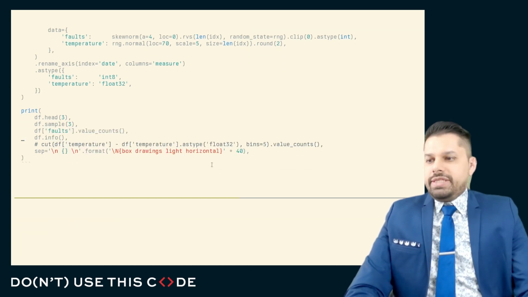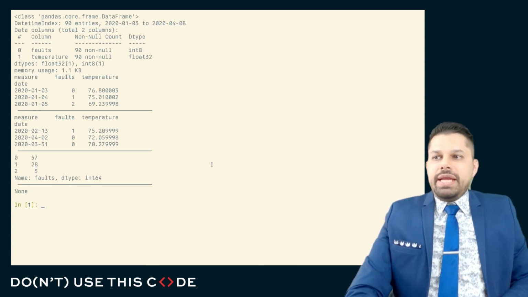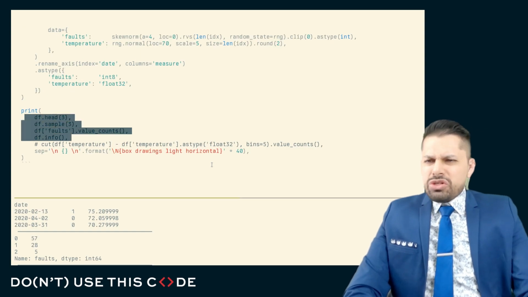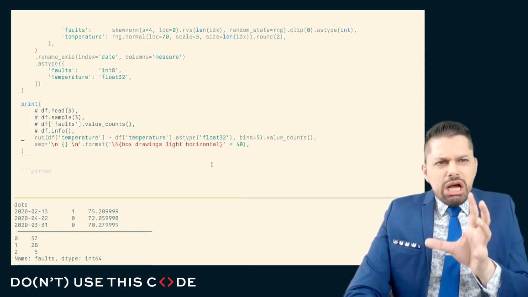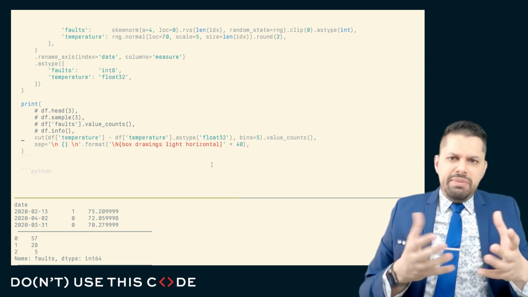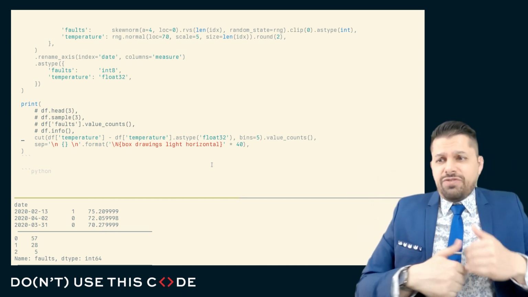If we take a look at this data frame, let's take a look at our info, and you can see we have 90 int8s and 90 float32s. There's going to be some information loss here, especially with the float32, but we can actually put a bound around that. We could look at the original temperature and subtract what happens when we downcast that to float32.